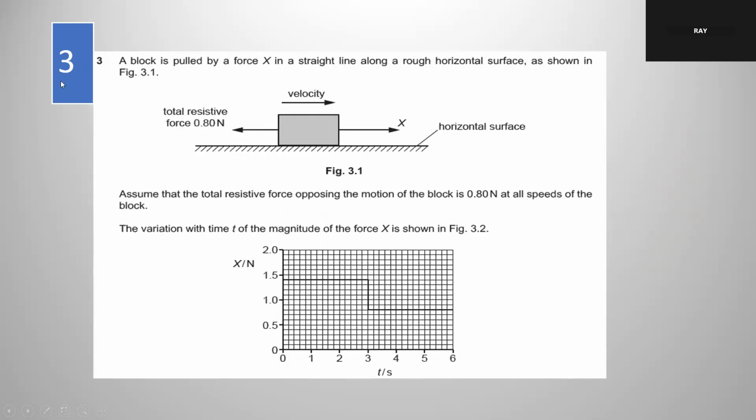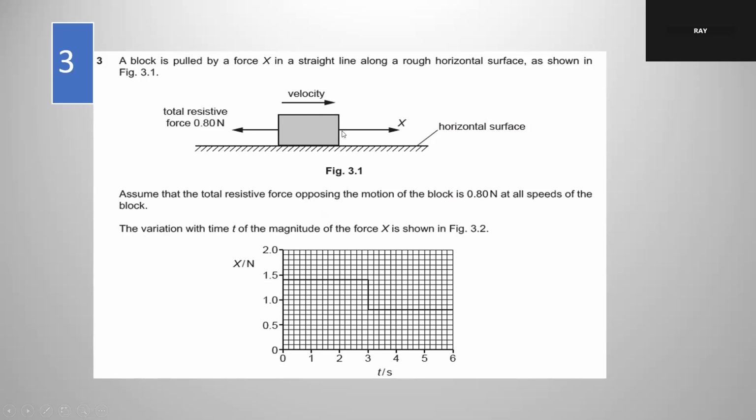Okay, a block is pulled by a force x in a straight line along the rough horizontal surface. It's rough. Assuming that the total resistive force opposing the motion is 0.8 at all speeds of the block, that's a variation.